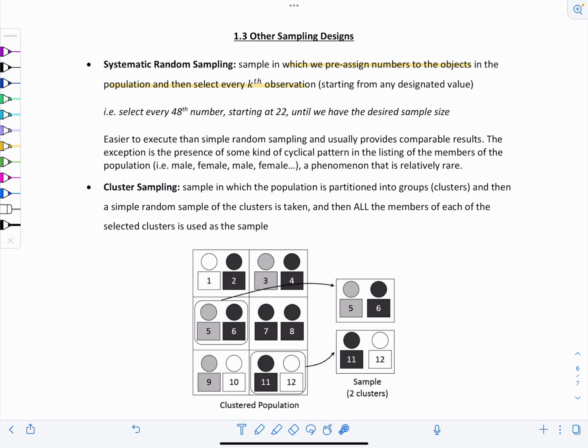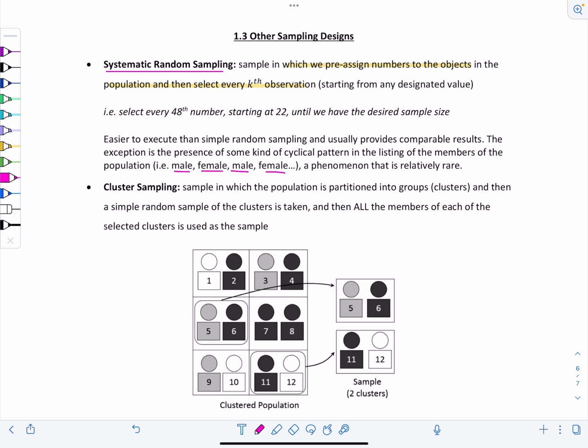Say I assign the numbers based on that ordering, but the students were listed instead male, female, etc. Well, if I picked every fifth student, then there's going to be a cyclical pattern to gender matching up with my sample, and that would create a sample that's not representative of the population necessarily. There might be some bias in that. But this doesn't happen that often, okay? So pretty much systematic random sampling is a good way to go.